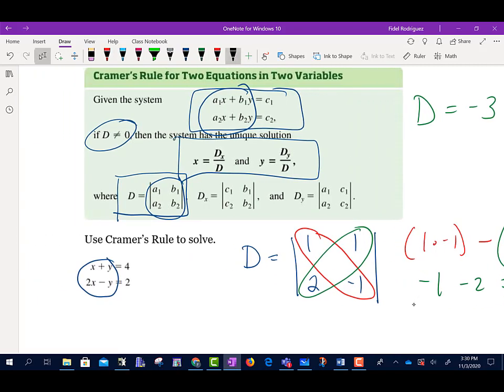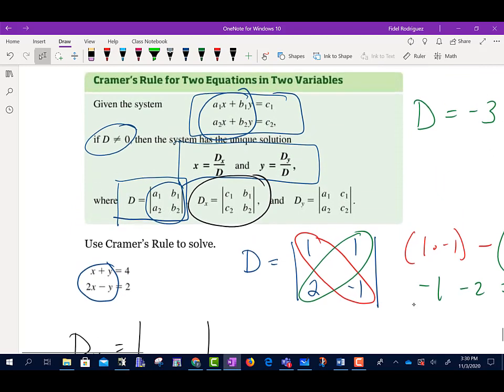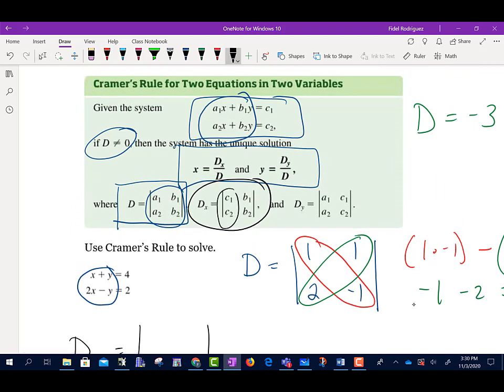Now, the second piece, we're going to find what Dx is. Okay, so let me write it here for us. Dx. Okay, Dx is going to be a determinant. I want you to look at where those, remember here we had the coefficients of our x values. So what we're doing is we're not going to use those numbers there.